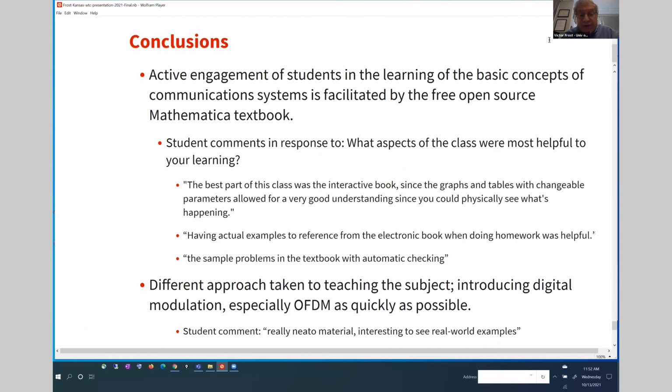So with that, I'll quit sharing my screen and answer any questions anyone may have. It says, how much work was preparing this book compared to what you did for lectures before Mathematica?